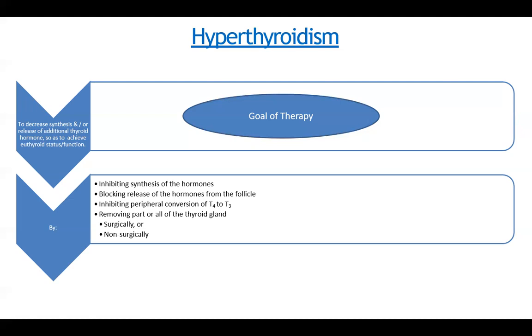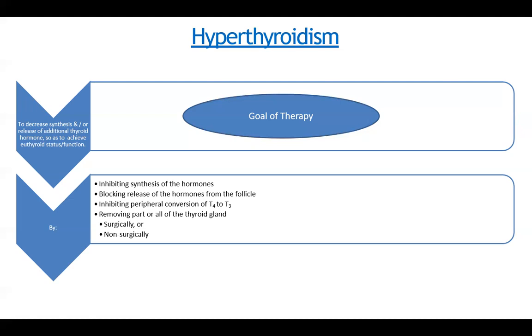The third thing, the peripheral conversion from T4 to T3. Remember, we said peripherally there is this conversion, and we know that T3 is 3 to 4 times more potent than T4. So if I am inhibiting deiodination of T4, that's a good goal. If one of the drugs does that, I'm going to work with that drug. Okay.